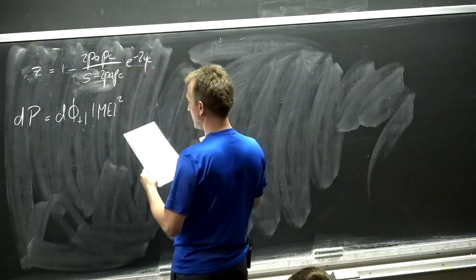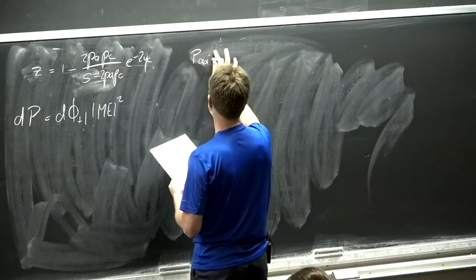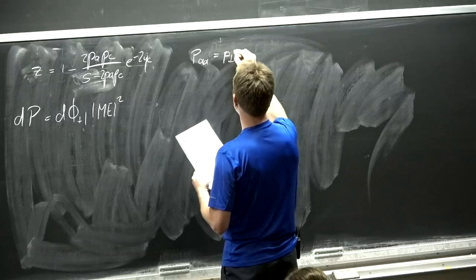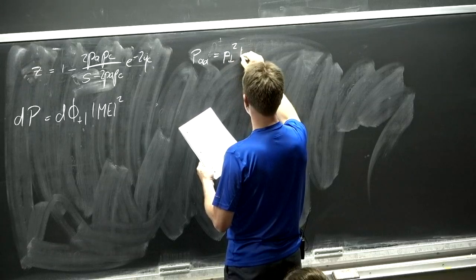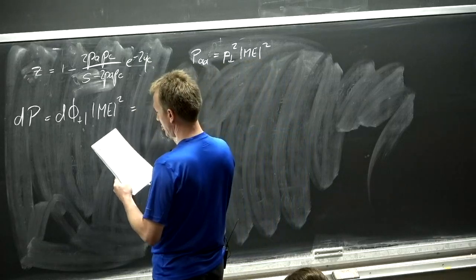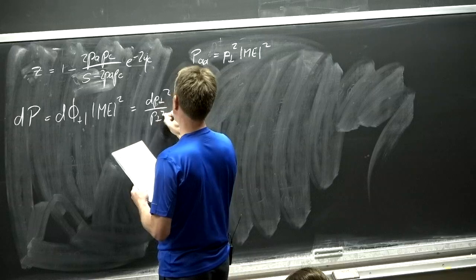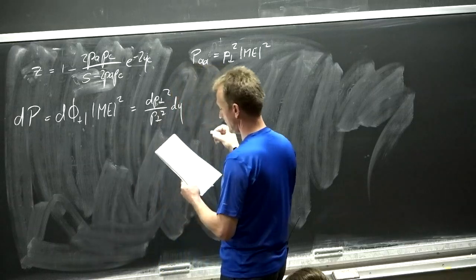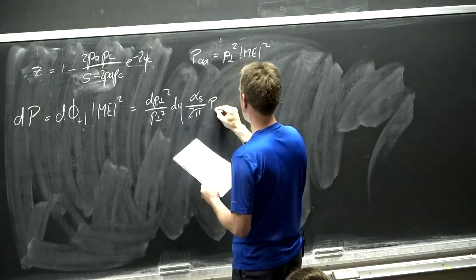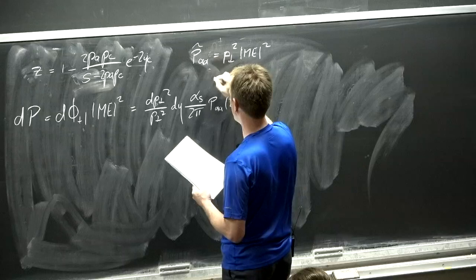And my flavor non-changing splitting function is now defined as p perp squared times matrix element squared, which gives me a dp perp squared over p perp squared d eta times alpha s over 2 pi P_AA of z. With this definition of the splitting function, so let me call it p tilde.